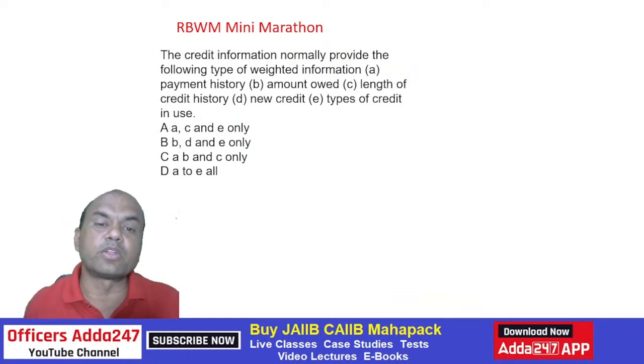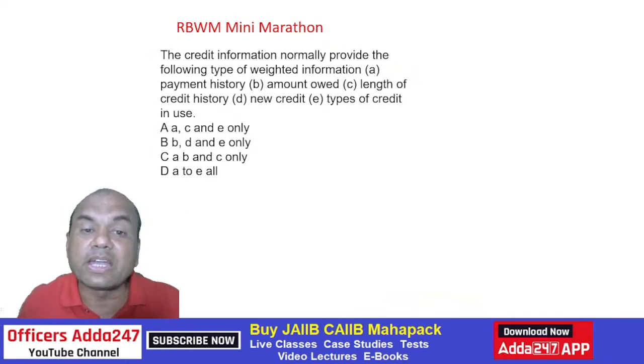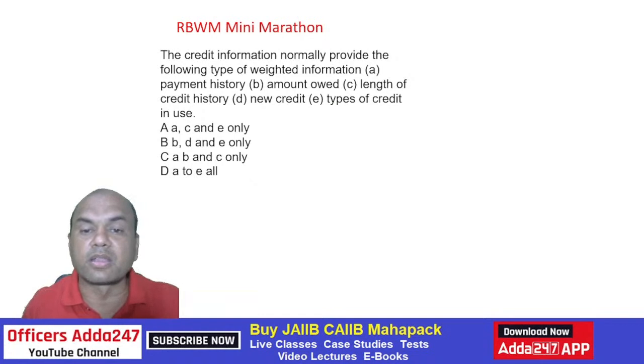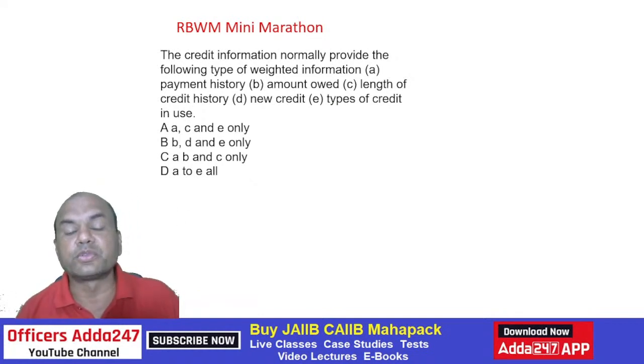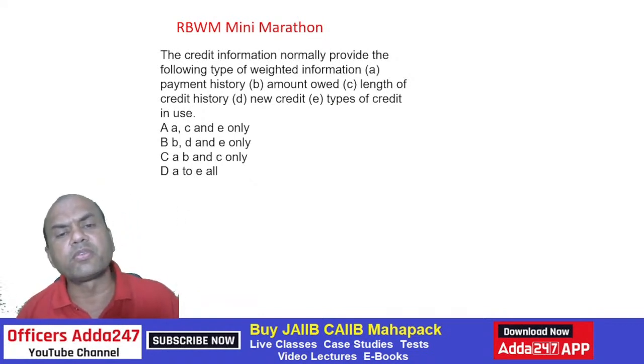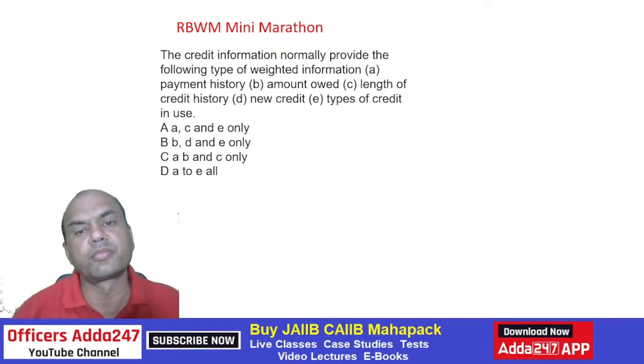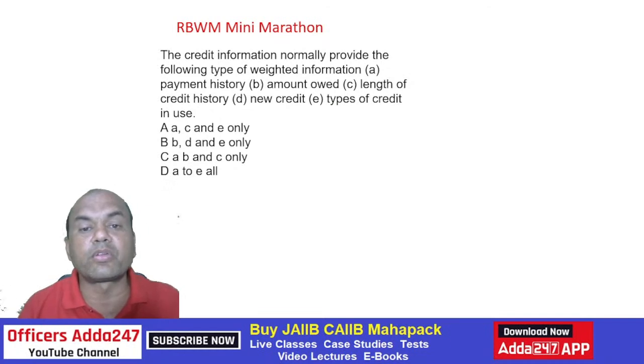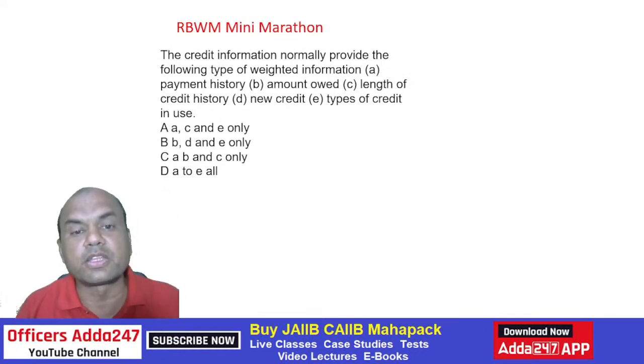The credit information normally provides the following types of weighted information: payment history, amount owed, length of the credit history, new credit, and types of the credit in use. So this report will give which type of weighted information? Weighted means what? Always remember this word.